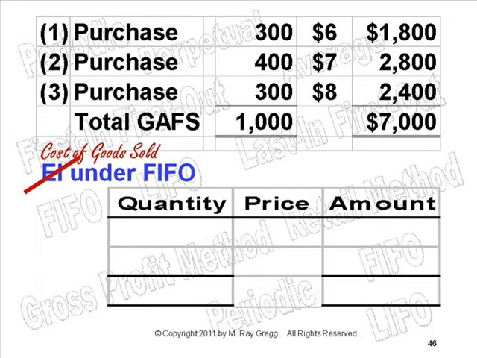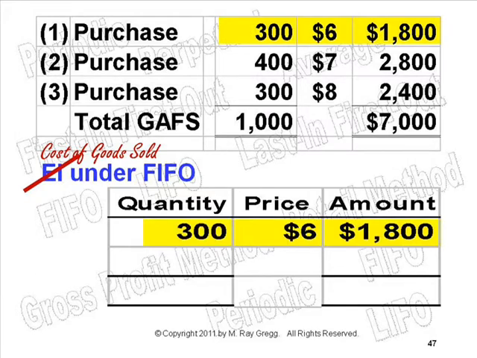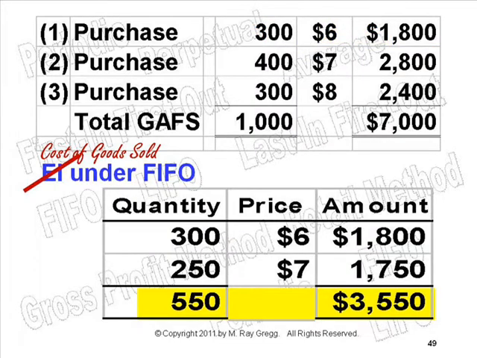So we are going to start with the 300 units that were sold from the first item. 300 cost us $6 apiece. That's $1,800. We need another 250. Remember this 400 batch that was split? We've already assigned 150 of those to ending inventory. The rest of those 250 are part of cost of goods sold. They were sold.